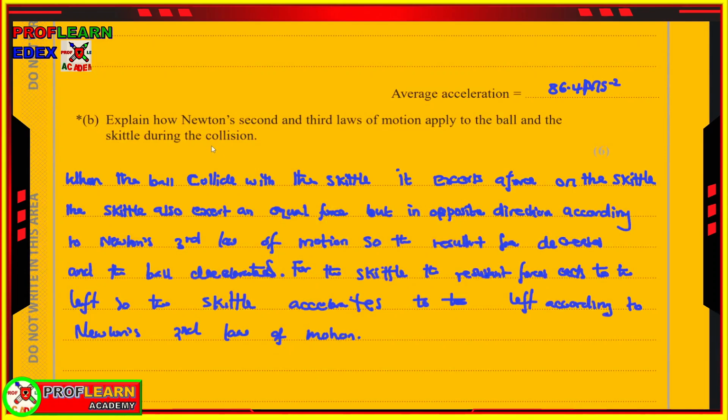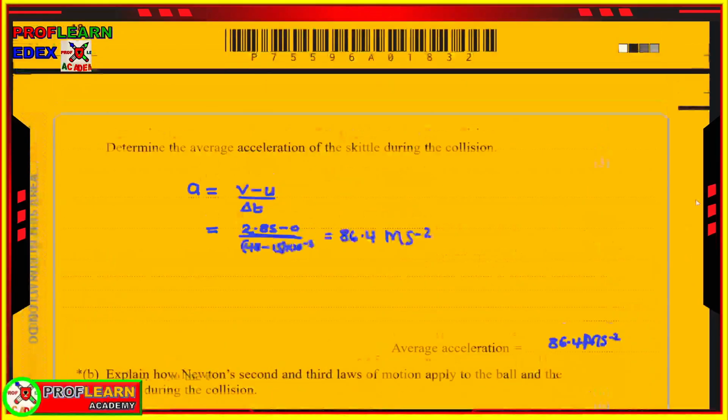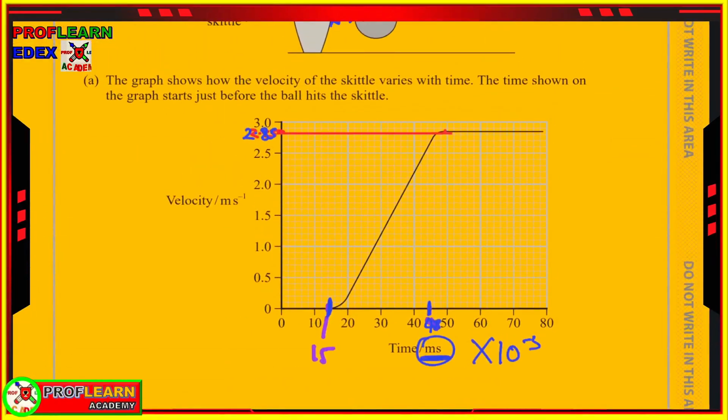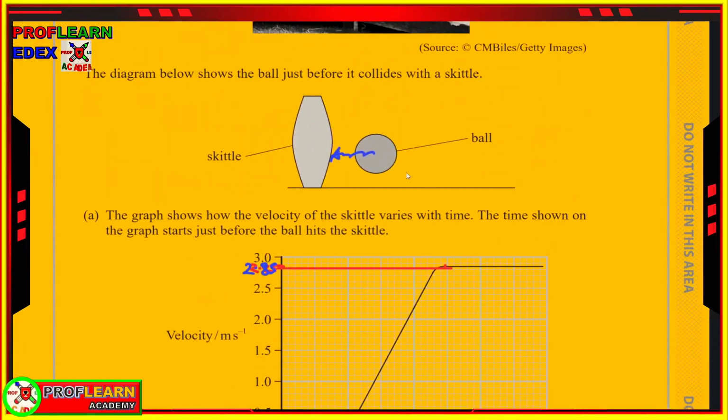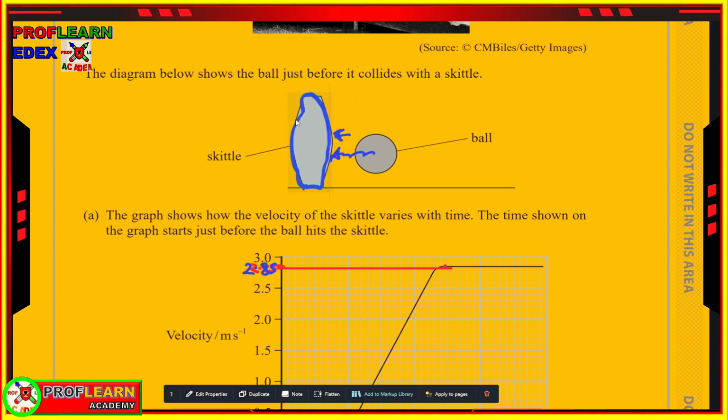The next question, explain how Newton's second law and third law of motion apply to the ball and the skitter during the collision. Now, let me just show you here. When this ball collides with the skitter, it exerts a force, and this force is going to create a resultant force for the skitter. The skitter is going to experience a force to the left, and it's going to accelerate to the left.